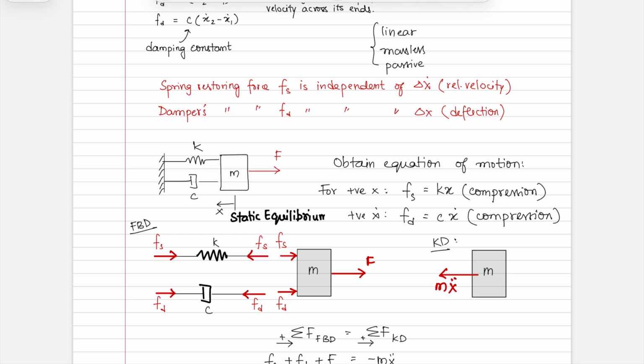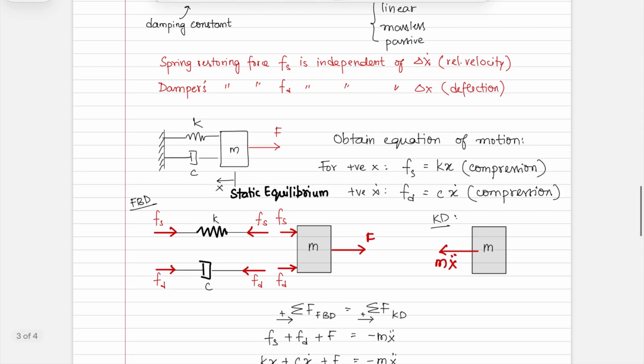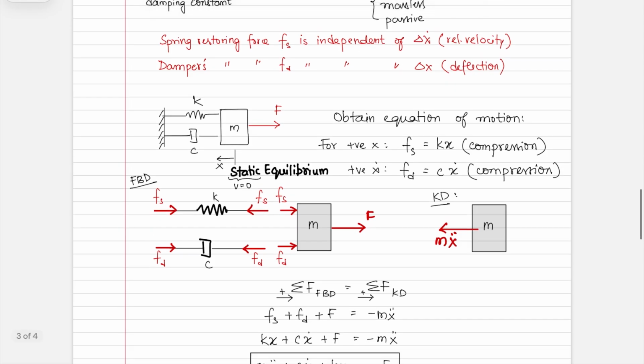Because as you know, equilibrium only really means that the net forces are zero. You could have a non-zero velocity so long as the net forces are zero. So when you say that it is static, then it means that there is no velocity at that point. Okay, so that is where the net forces are zero and the system is at rest.